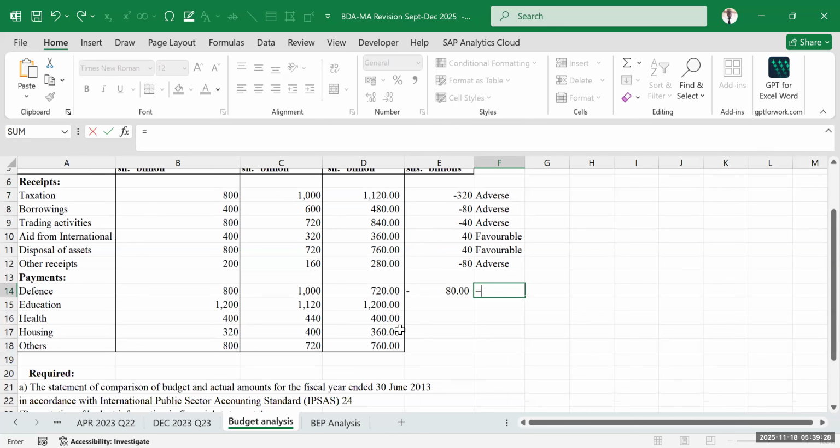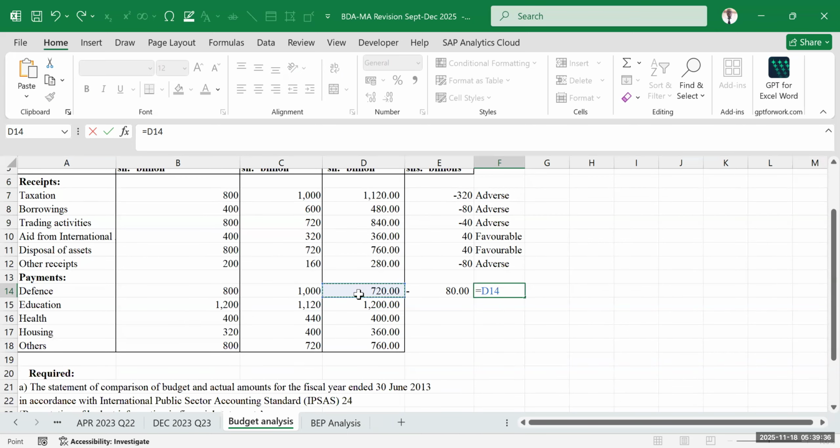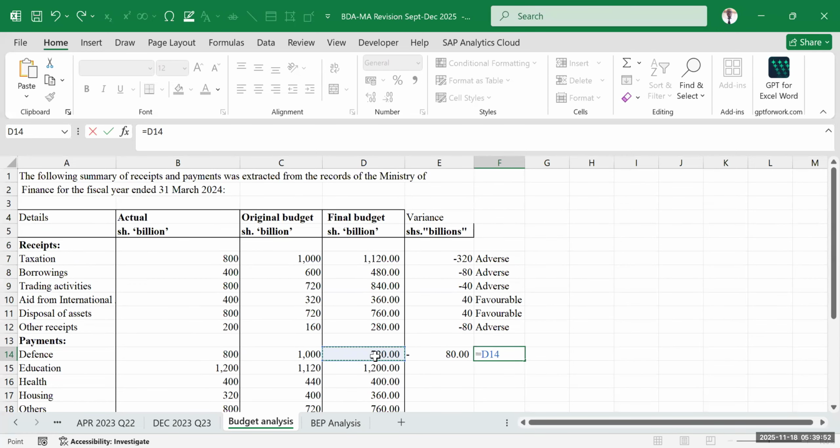And I will start by saying, if in any case my final budget, or the amount I've budgeted to spend, for any payments that we will do from this ministry, whether it is defense, education, health, housing, or any other payment we are going to do, if our budget will be higher than what we will actually spend, then we shall have saved.